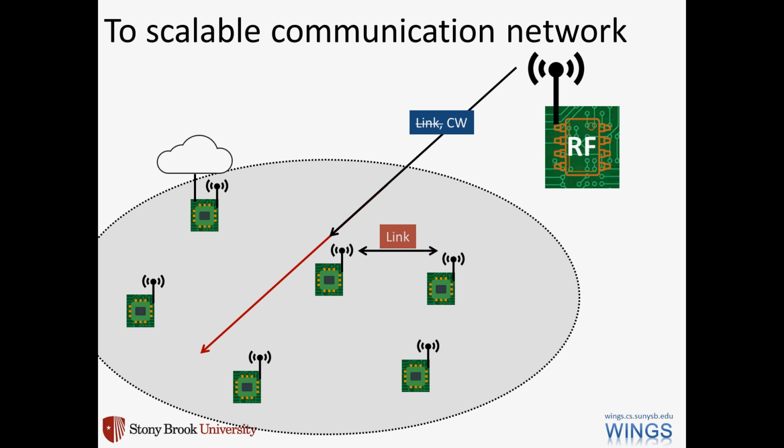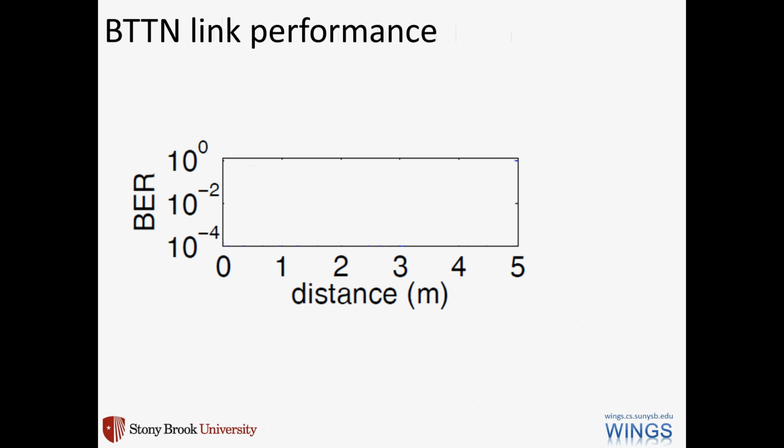So we don't establish a link between the CW provider and the IoT devices, but IoT device to device, and some of them are selected as a leader and work as a gateway. So they are connected to the internet, and all the tags communicate through the backscatter and are also connected to the internet. So this is our platform. This is the future platform for IoT devices. So let's take a look at how it performs.